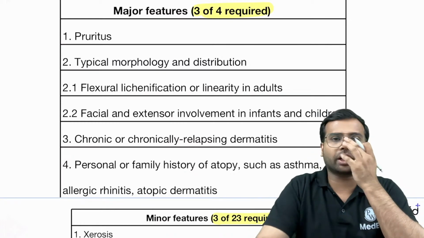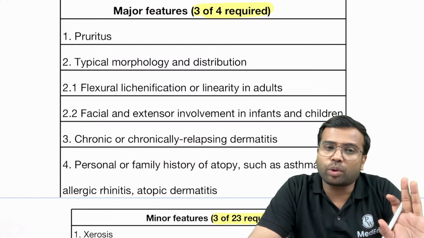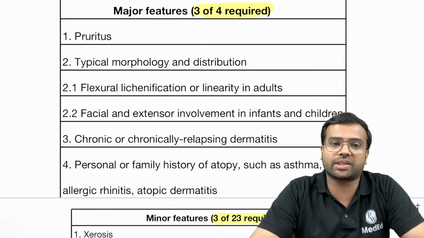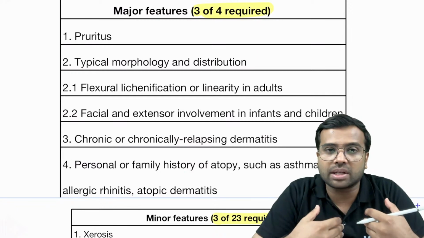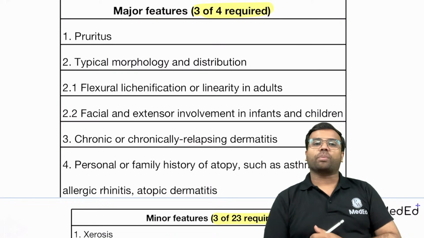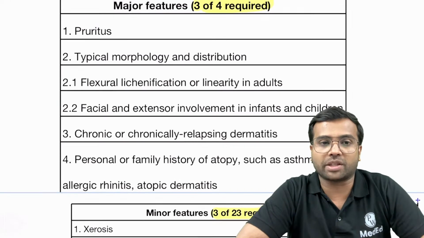Now coming to the important part, what are the features of the major criteria? Pruritus is present, typical morphology and distribution of the rash is there, chronic relapsing dermatitis is there, and a personal or family history of atopy is there. So these are the 4 major criteria. How do you remember these 4 major criteria?